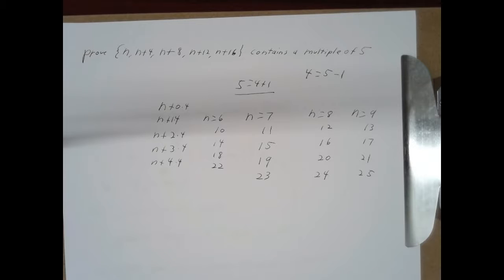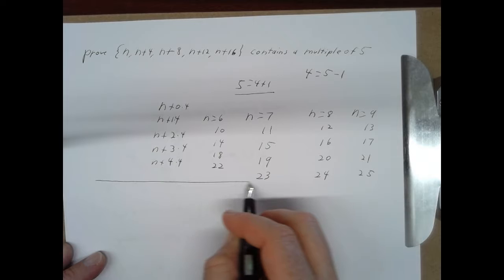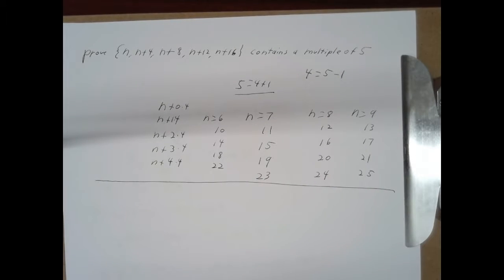The way we can add rigor to that is with modular arithmetic, right? Modular arithmetic is a way to capture things that we sort of see about numbers, about successions of 1 that eventually add up to 5 or things like that. So think about this. We're looking for a multiple of 5. Let's just go into a modulo 5 universe. Everything is congruent to 0, 1, 2, 3, or 4 modulo 5.